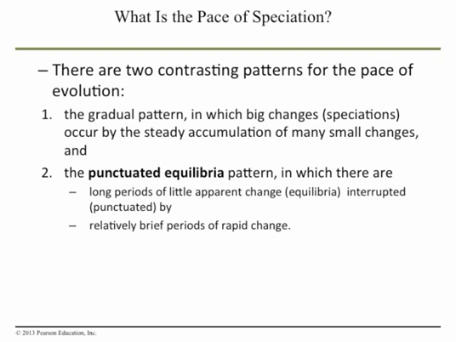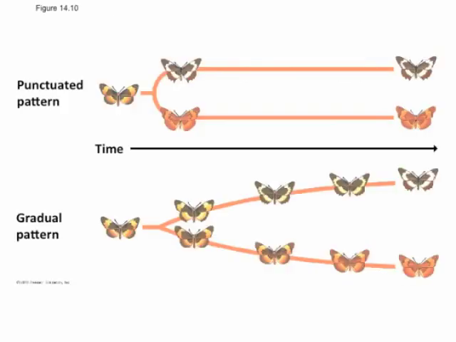So there are two contrasting patterns that we'd expect to see in the pace of evolution. Either we can have a gradual pattern like the whales, in which speciation events occur by steady accumulation of many, many small changes, or there's something called punctuated equilibrium, in which case there would be long periods of very little change interrupted, or punctuated, by relatively brief periods of very, very rapid change.